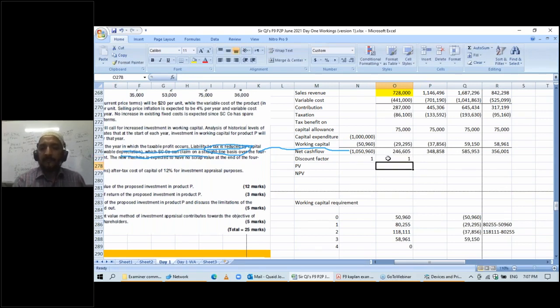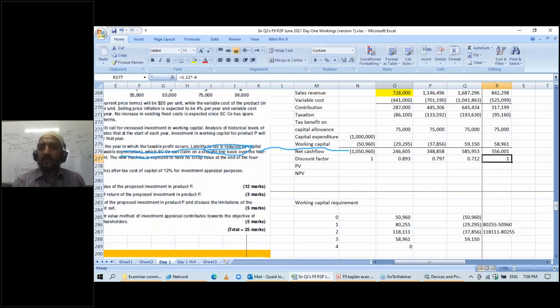Take the discount rates till 3 places: 1.12 to the power -1, -2, -3, and then -4.